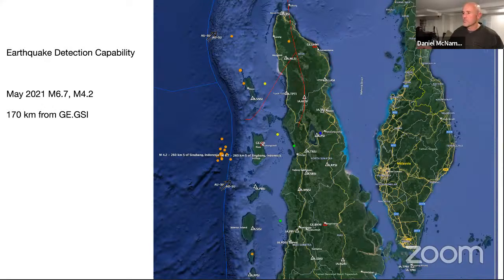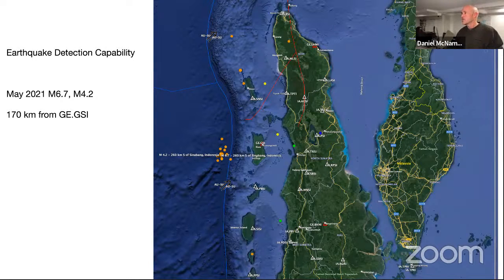There's a magnitude 6.7 and a lot of aftershocks. I'll show a couple examples, the 6.7 and the 4.2, compared to the median noise levels at station GSI and BKNY, just to show you how well these are recorded, or not well in the case of the 4.2. That's kind of hard to detect.